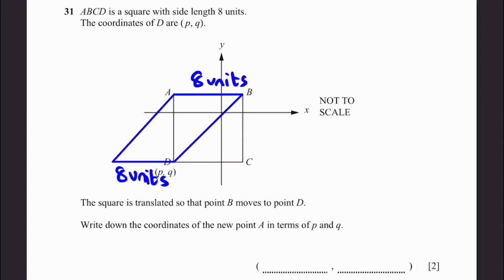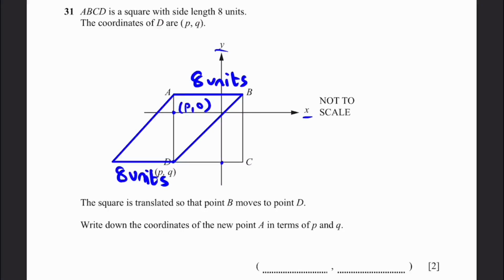And if B is on the point D, which is P, Q, P is the x value and Q is the y value. So the x scale is over here, y is over here. This is the P value of the x. In other words, the point P, 0, because y is equal to 0.